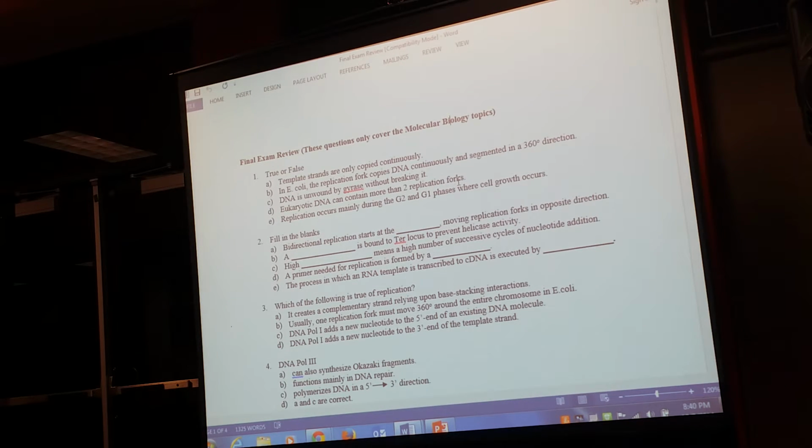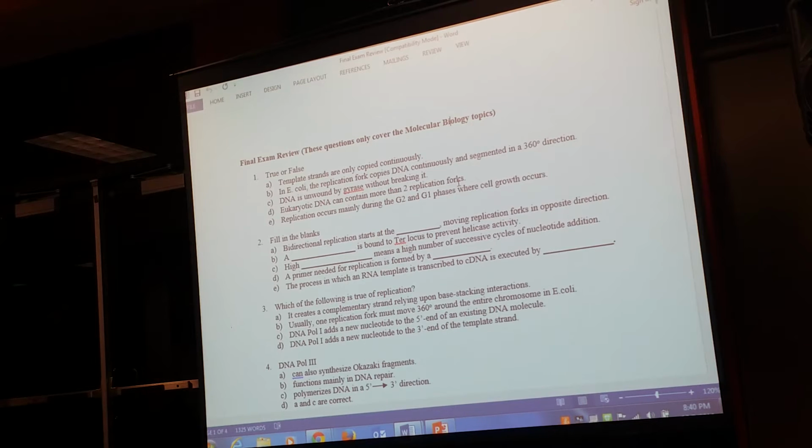DNA polymerase 1 adds a new nucleotide to the 3' end of the template strand. That's a bit awkwardly phrased. It is false because it's not adding to the template strand, it's adding to the 3' end of the primer. Or to make it more broad, it's adding to the 3' OH end of the nucleotide in front of it. So that's what you're continuously adding on.